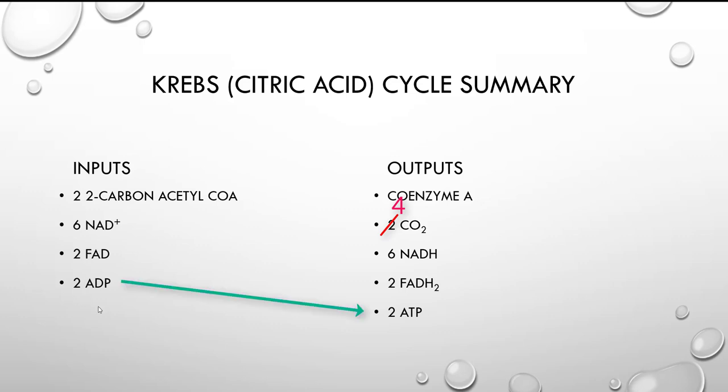And then we have ATP being produced. So those are our outputs of the Krebs cycle. Okay. So from there, we've completely broken down our glucose. So now glucose is completely gone. The NADH and the FADH2 will head into the next part, the electron transport chain.